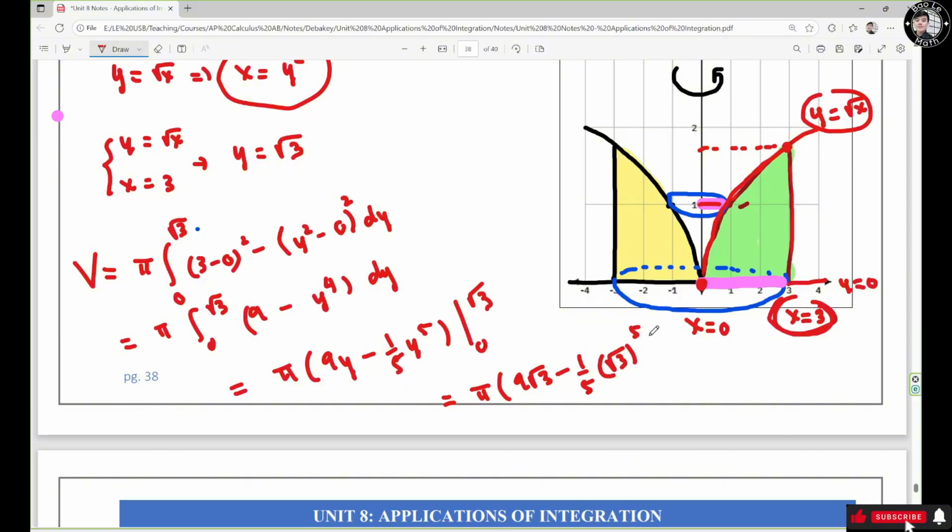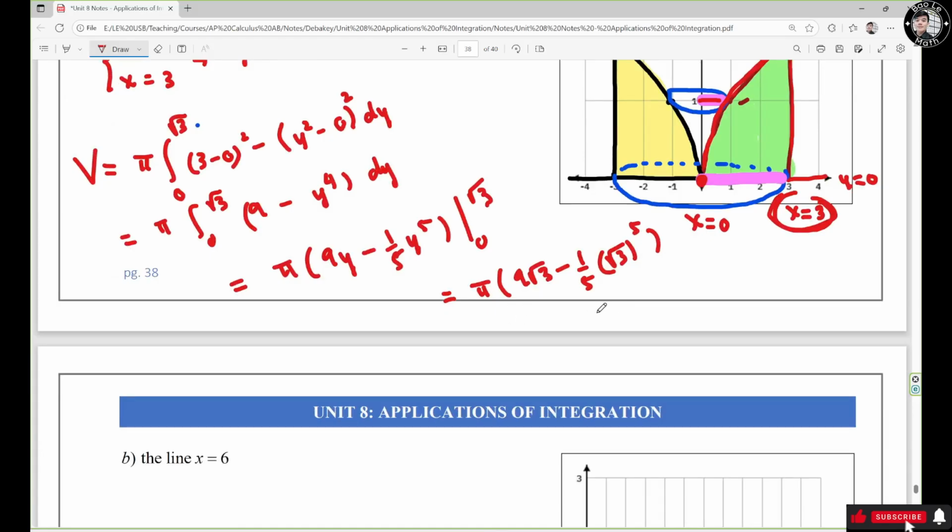Now simplifying further, it turns out to be pi times 9 root 3 minus 9 root 3 over 5, and simplifying further, it turns out to be 36 root 3 pi over 5. This one is the final answer.